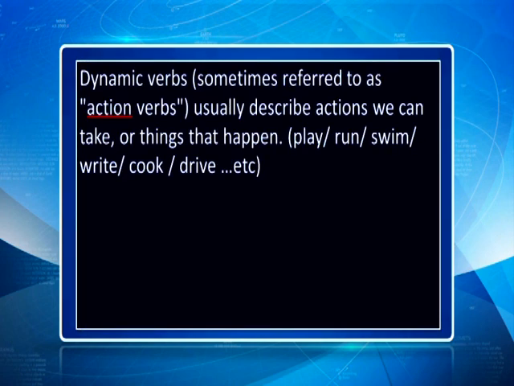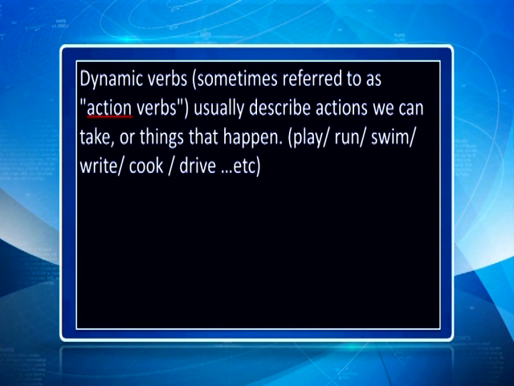Now, dynamic verbs, sometimes referred to as action verbs, usually describe actions we can take or things that happen. Examples of these action verbs could be play, run, swim, ride, cook, drive, etc. So from these examples, you can see that action verbs or dynamic verbs are all verbs that describe actions, things we do.